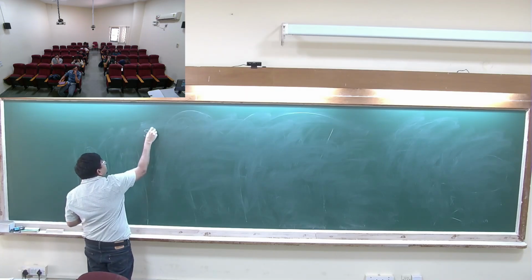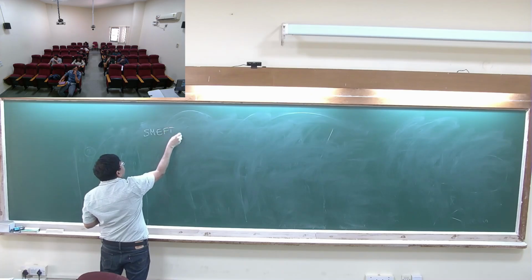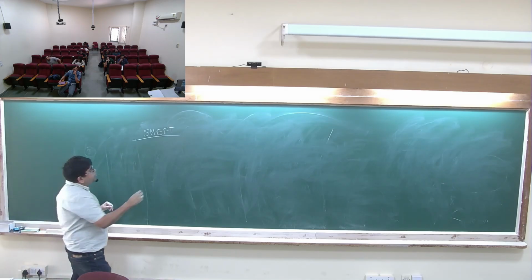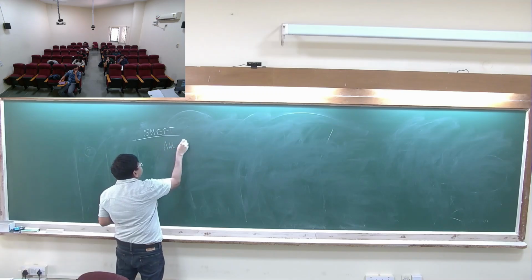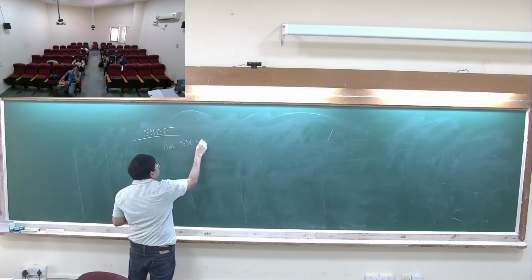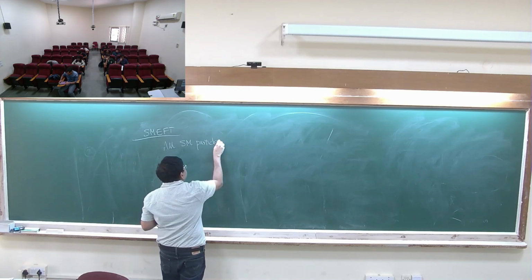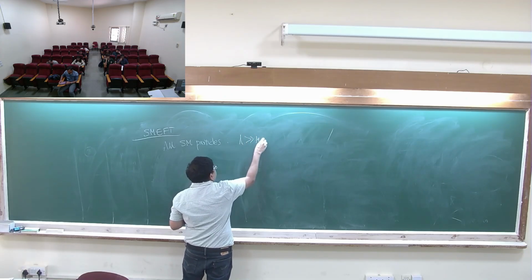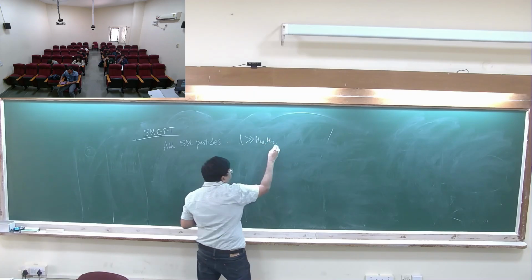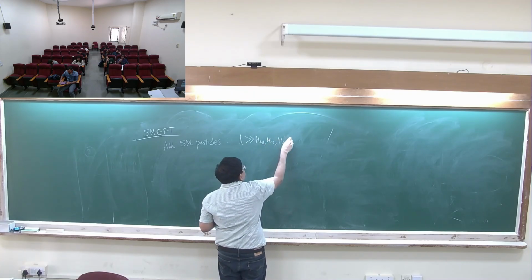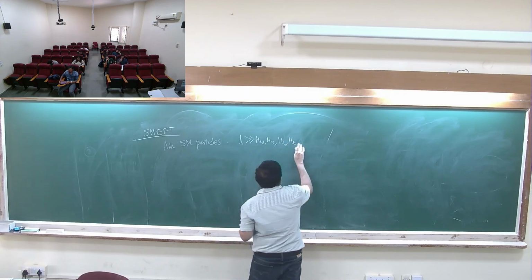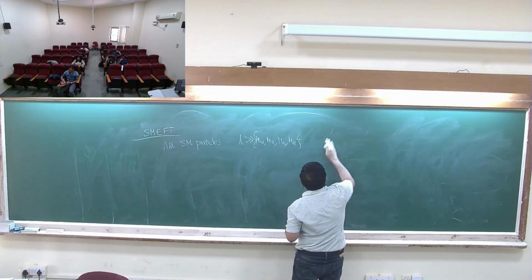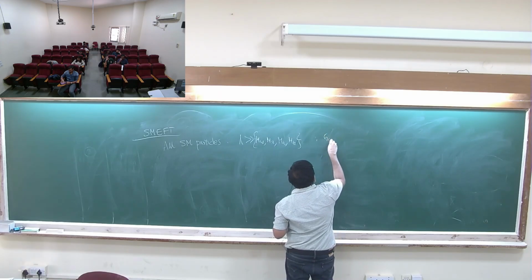So let's do SMEFT a little bit more. It has all SM particles, and the scale is much larger than MW, MZ, M Higgs. And the symmetry is G SM.